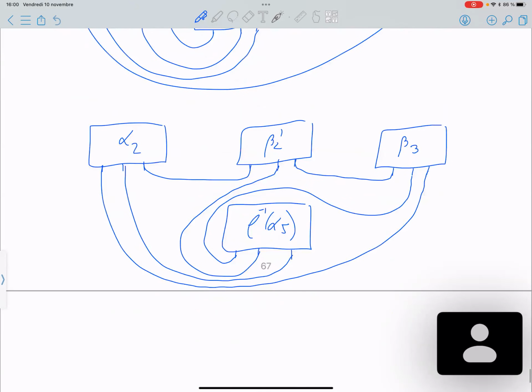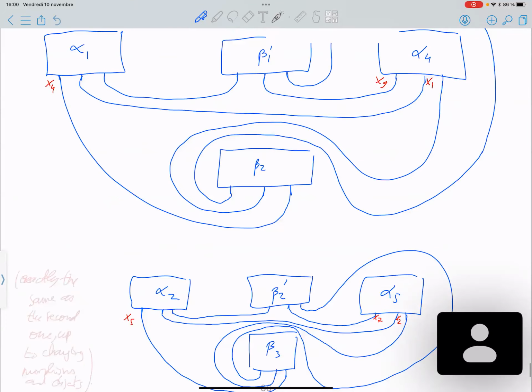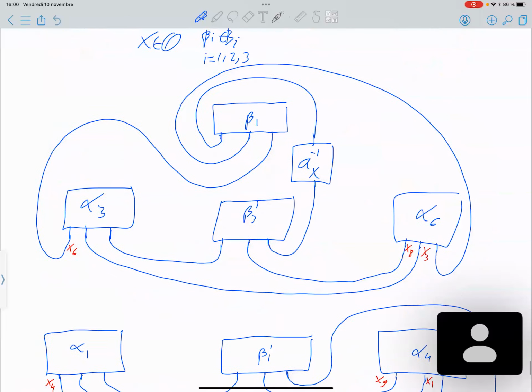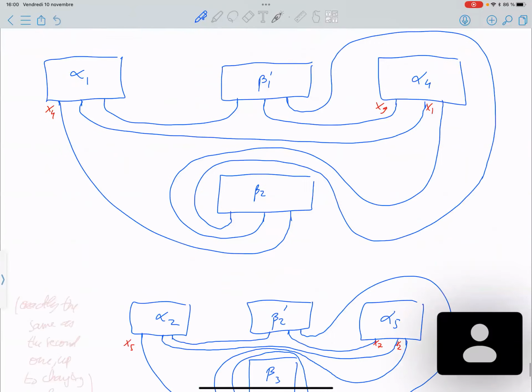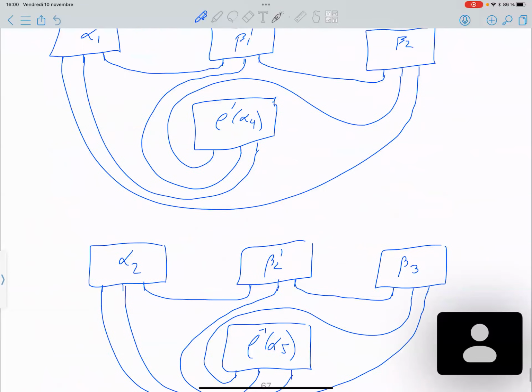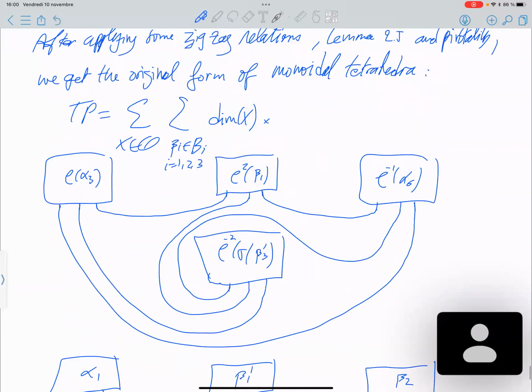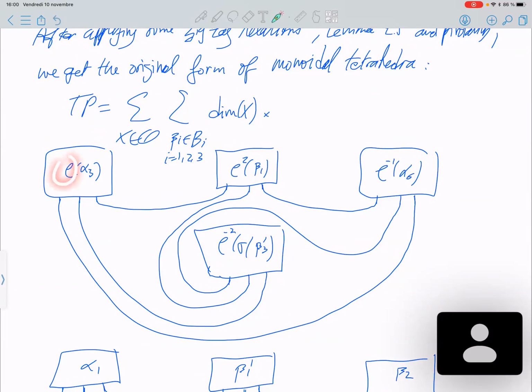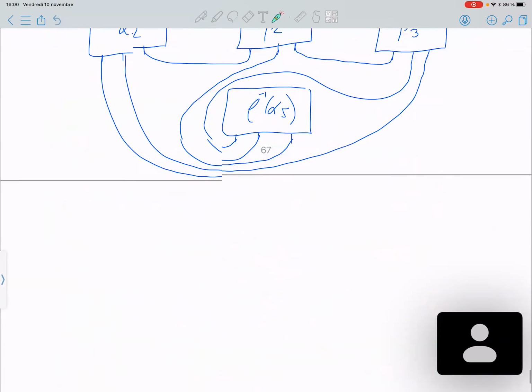So you observe these three pictures, and you observe these three pictures, and you understand that up to this, by applying this natural transformation, you get the same picture.